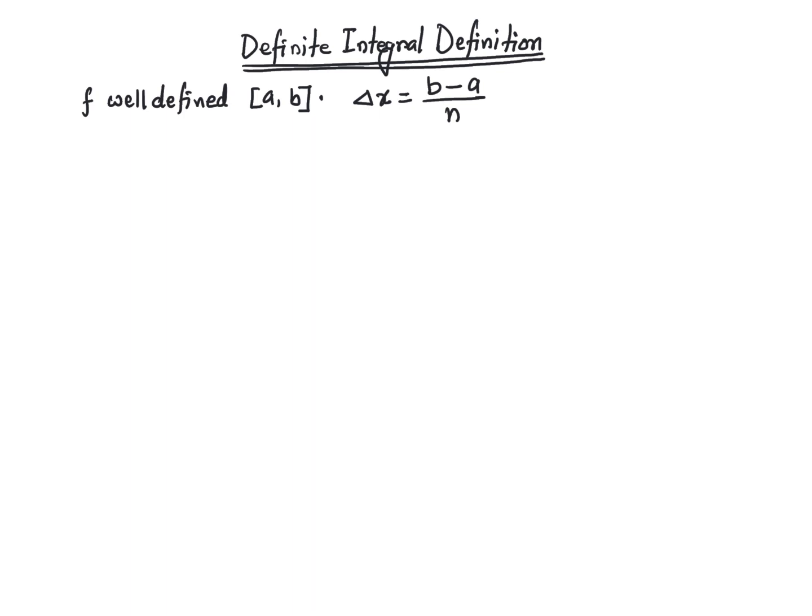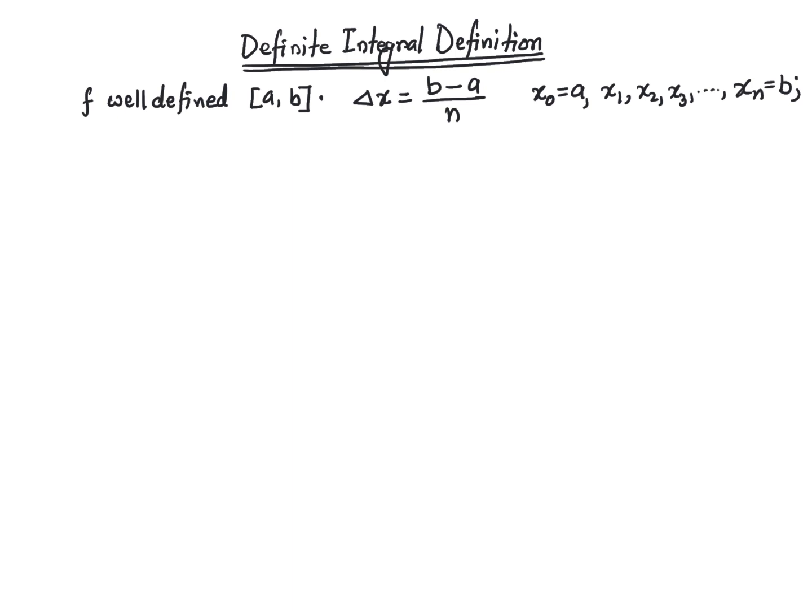And then I label the boundaries of each of these delta x's as follows. So x0 is the starting point a, then x1, x2, x3, dot, dot, dot, and the last one, x sub n, which is going to be my b.